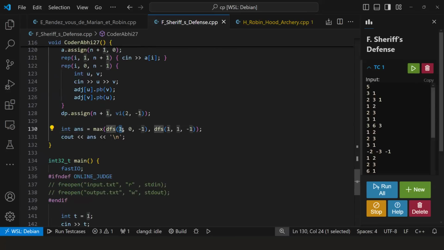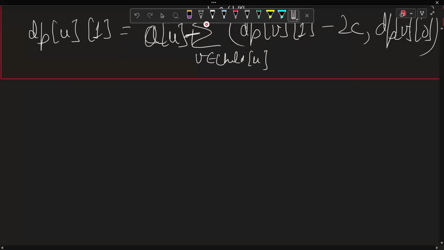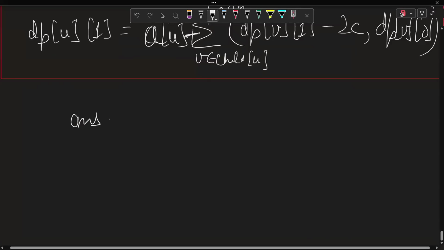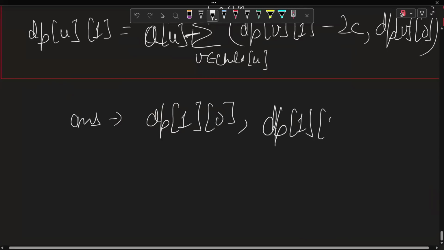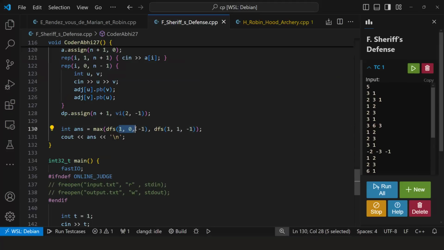So my final answer is DP of the root. 1 is the root, it's given. So either DP of 1, 0 or DP of 1, 1, taken or not taken. The maximum among these is my final answer. So that's what I've written, DP[1][0] and DP[1][1].